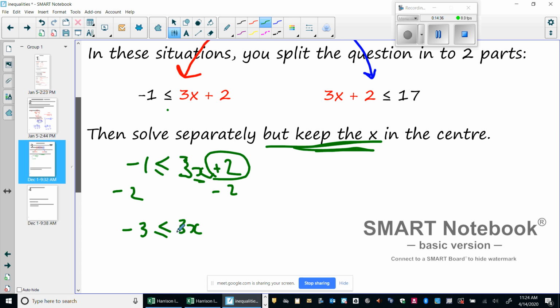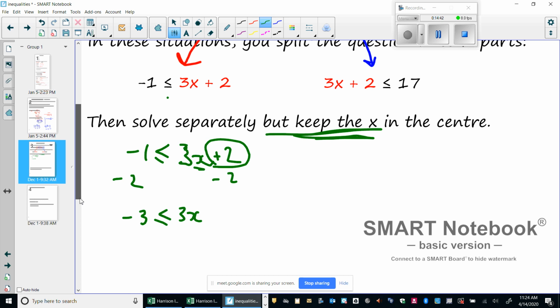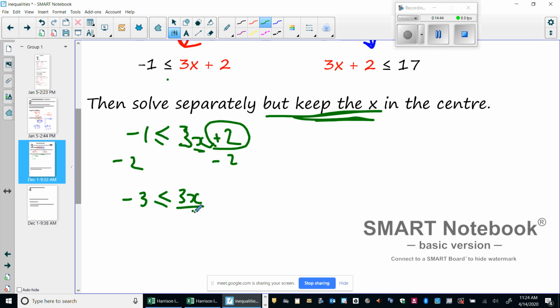The next step here: is the value in front of the x negative? No, so we don't need to worry about changing any signs. We just need to divide both sides by 3. So that disappears. Keep the sign the same direction, and this would be -1. All right, so that's that equation. Now I'm going to do this one.